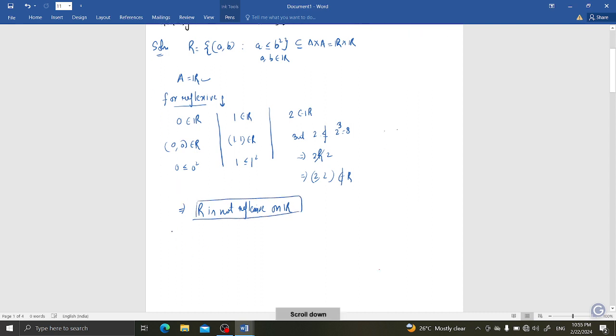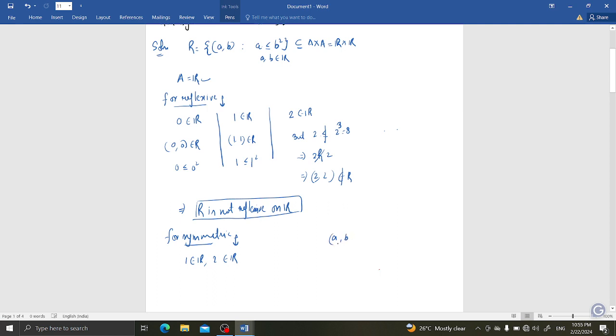Next, for symmetric we need to check. For symmetric, we observe that 1 belongs to real numbers, 2 belongs to real numbers. For symmetric, what we need to check?